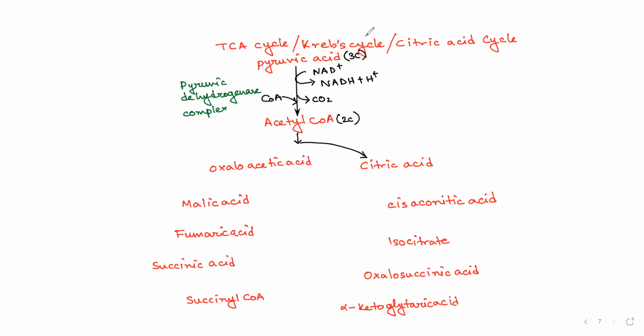So I will simply add up the arrows now. So this is how the cycle works.